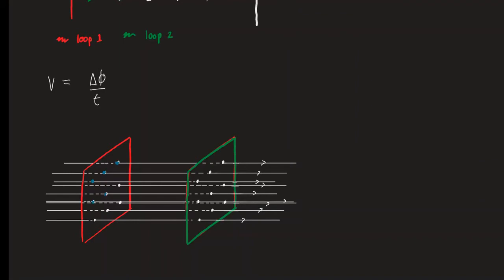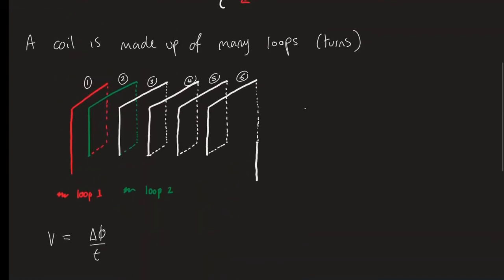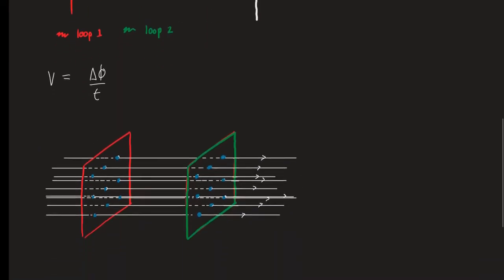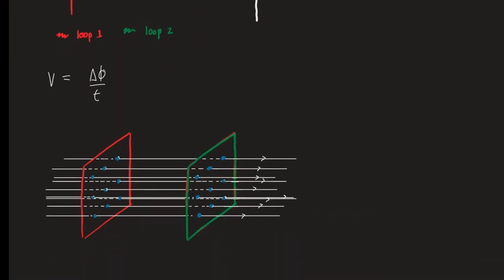We've got these 9 dots, and they're the points where a field line passes through that red loop. Well, we see that those same field lines all pass through this loop as well. So if these loops are aligned like this with each other, just like they would be in the coil that we're looking at right here, the flux through one of them will be the same as the flux through the other. We'll get that idea down.